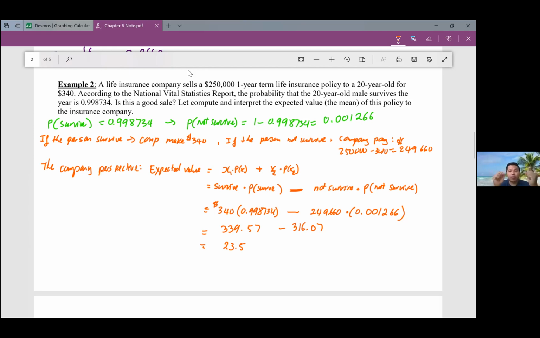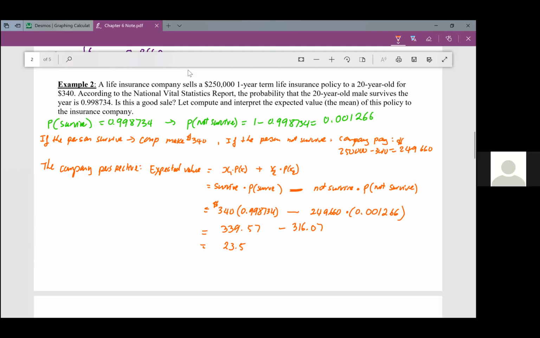When the person survive, they take in 340, but when the person not survive, they are losing 249,000. Does that make sense? So to balance it, you take what you get in and minus what you expend. When you do a business, you have to take revenue minus expend to get the profit. Does that make sense, Julia?